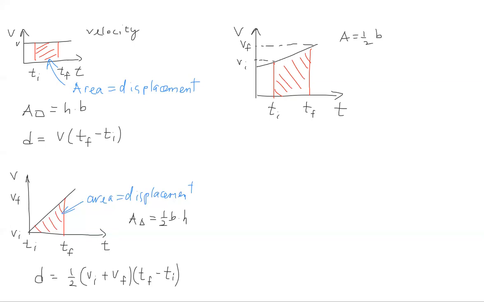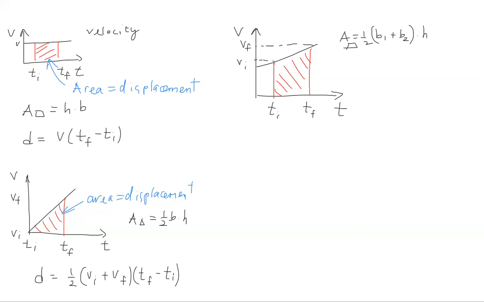And as far as I remember, it's B1 plus B2 divided by 2 times height, right? So it's a trapezoid. There you go. So the bases of this trapezoid will be V initial and V final, right?